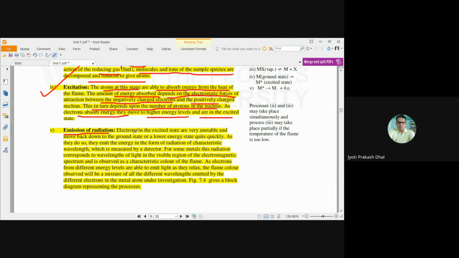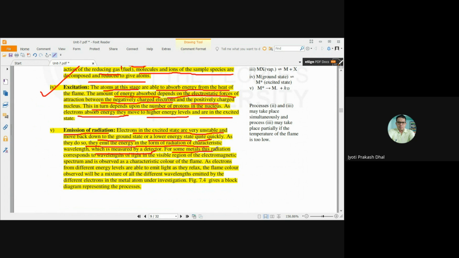The electrons in the excited state are very unstable and move back to the ground state or a lower state quickly, and they emit energy in the form of radiation of characteristic wavelength, which is measured by a detector.